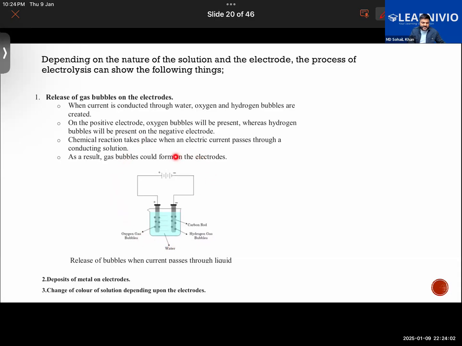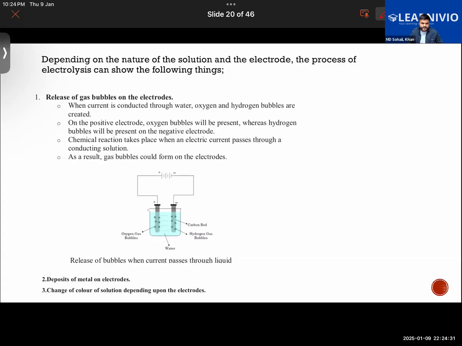Okay, one of you please read this one. Ibrahim, you read this. Release of gas bubbles on the electrodes. When current is conducted through water, oxygen and hydrogen bubbles are created.